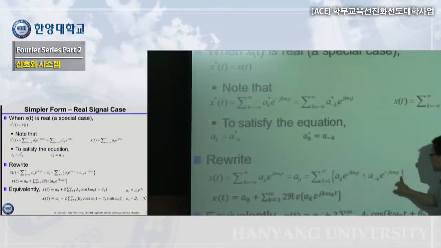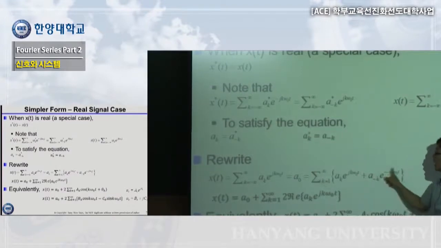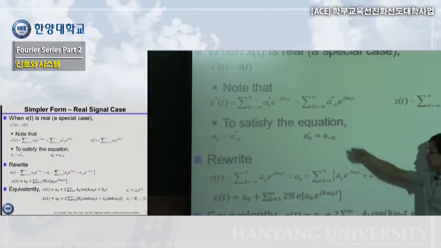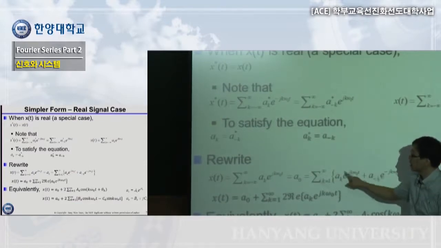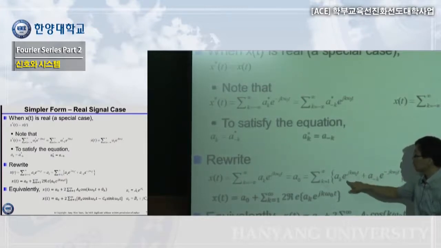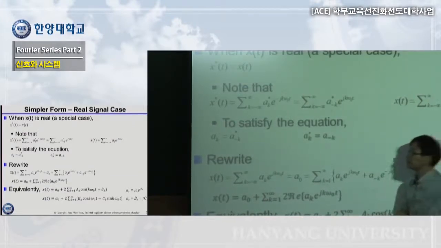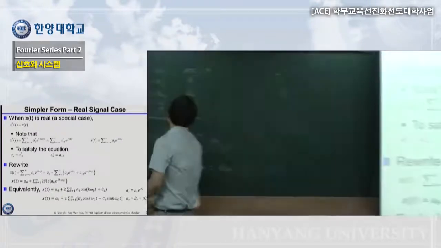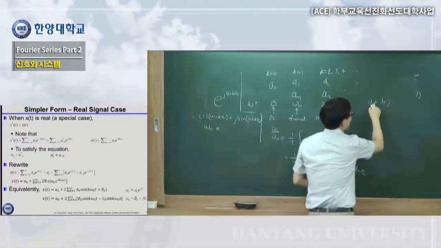And then, if you do that, we can find out that this one and this one have a relationship of the star. The star of this will look like ak star, e star, right? And e star will be e to the minus j, because star means conjugate. A complex number can be represented as a plus bj, where a is real and b is real.